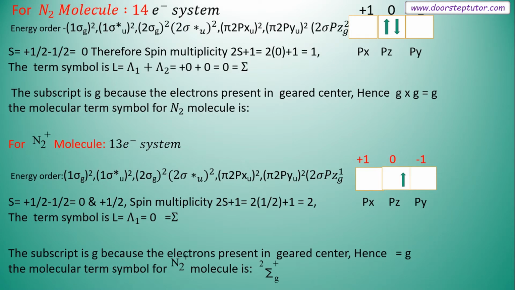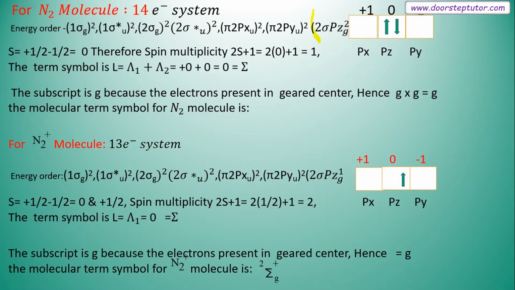For the N2 molecule, it is a 14 electron system. The energy order for this N2 molecule is sigma 1s2, sigma star 1s2, sigma 2s2, sigma star 2s2, pi 2px and pi 2py, and sigma 2pz2. Please focus, students, only on the outer electrons.